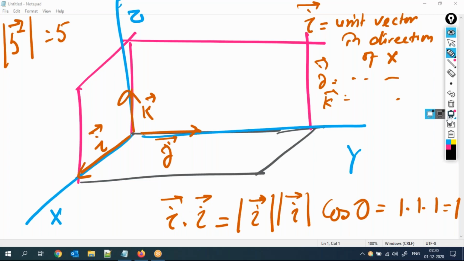So if I ask you what will be i dot i, it is 1. Any question? You have to not remember but understand, you will use it a lot.